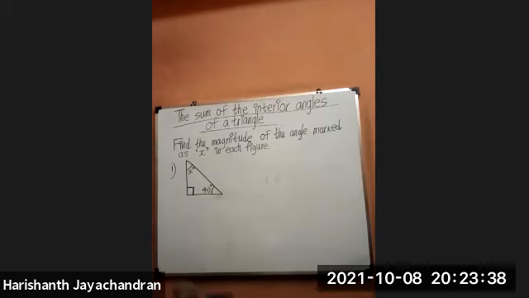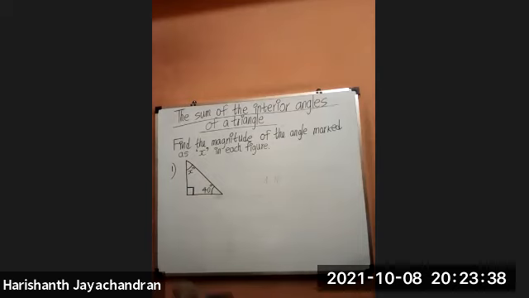So from this, what we can do here is x degrees plus x is equal to what? That is equal to 2x. And here I got 120 degrees, which is equal to 180 degrees. So 2x degrees is equal to 180 degrees.